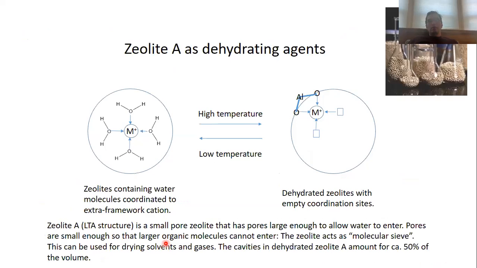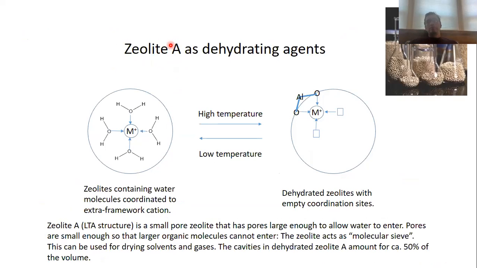All right. Then another important application of zeolites is as dehydrating agents. In particular, small pore zeolites like zeolite A are suitable for that because they allow only water to enter the pores, but any other molecules cannot enter the pores.